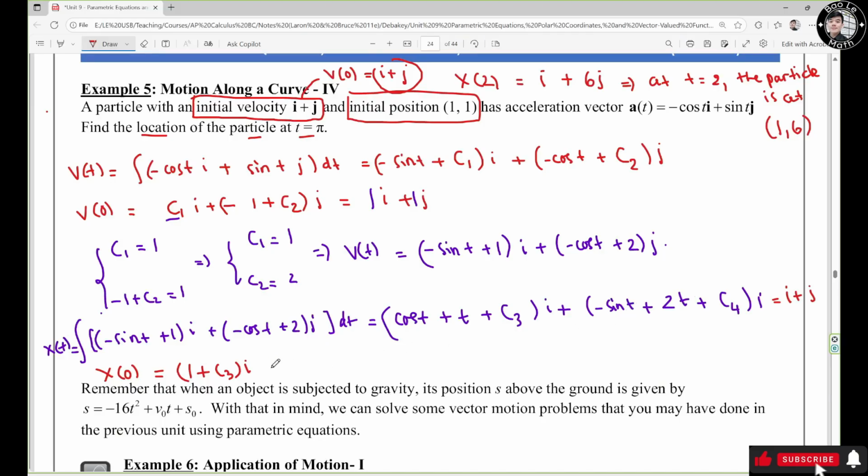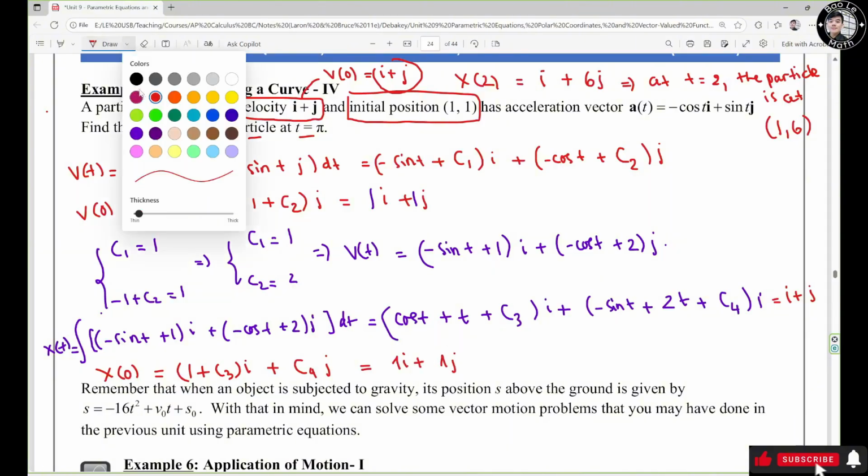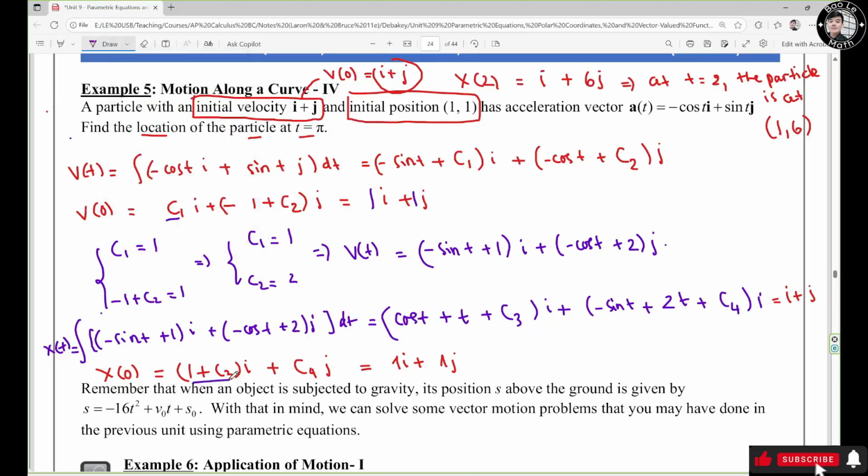I only have C4 left. Plus C4 j, right? And this equals 1i plus 1j, right? Now I just equate the components, so I have a system of two equations. 1 plus C3 equals 1, and C4 equals 1, right? So C3 equals 0 and C4 equals 1, right?